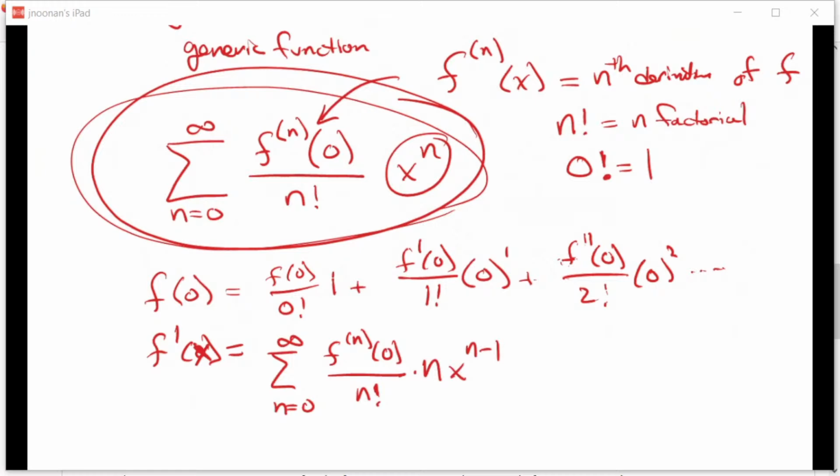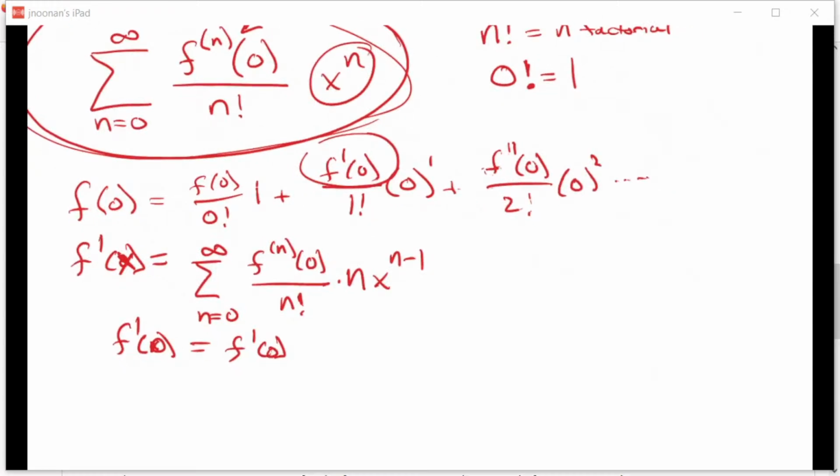And when you plug 0 into f prime of x using that formula, you actually get f prime of 0.